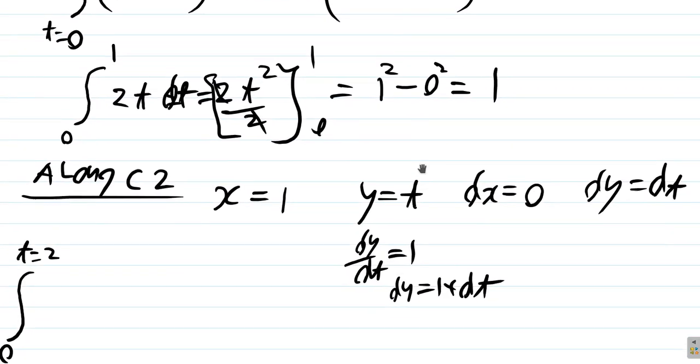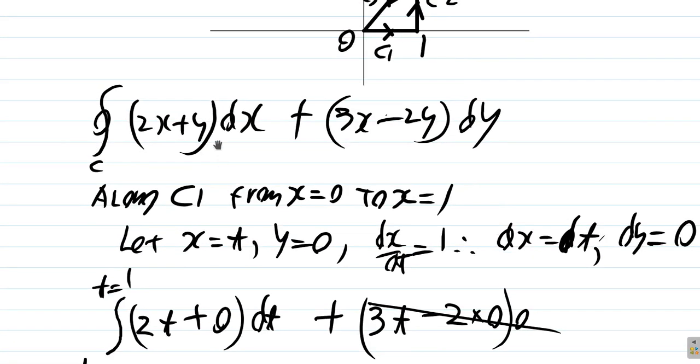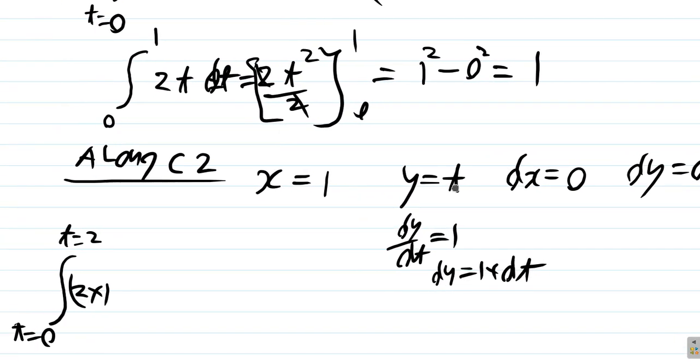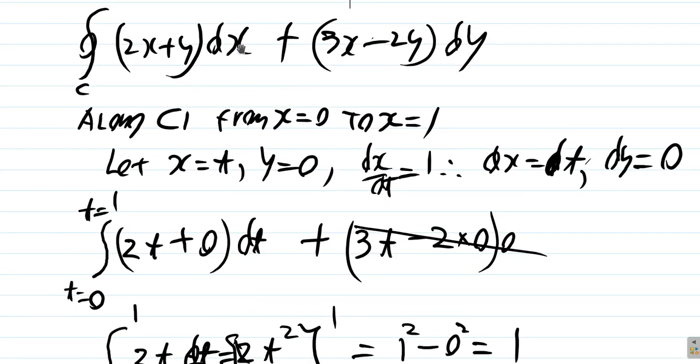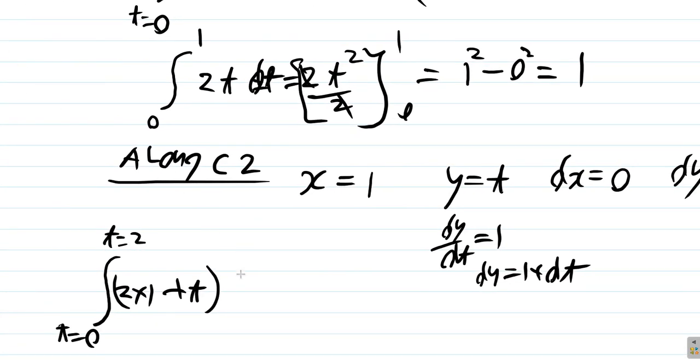What is 2x? X is 1, so 2 times 1, see that? Plus y. Y is t, so it's plus t. Then we have dx. What is dx? 0 times 0.